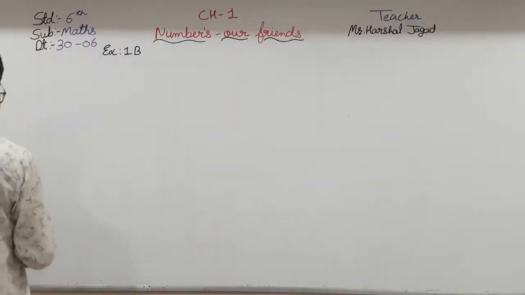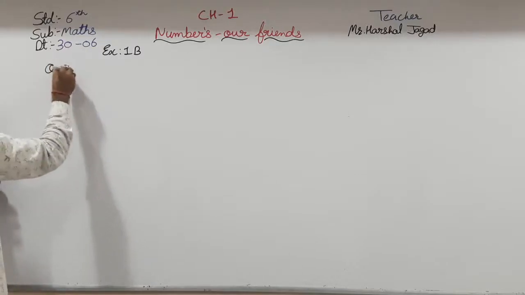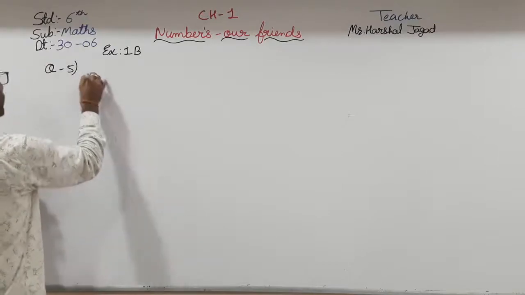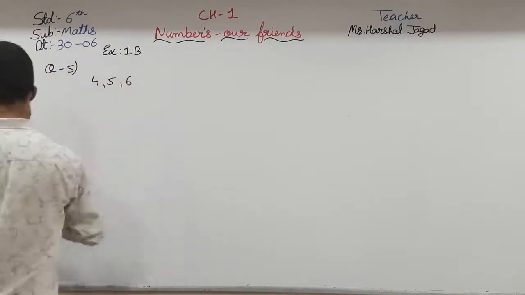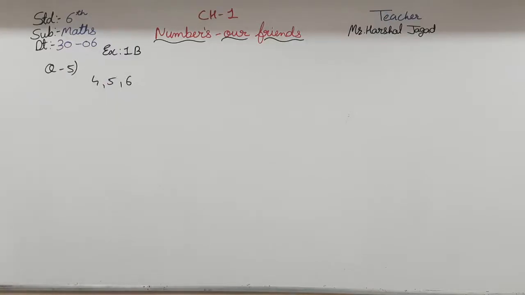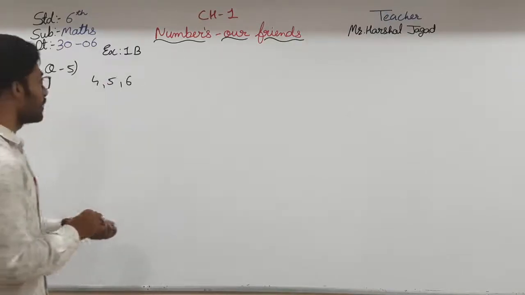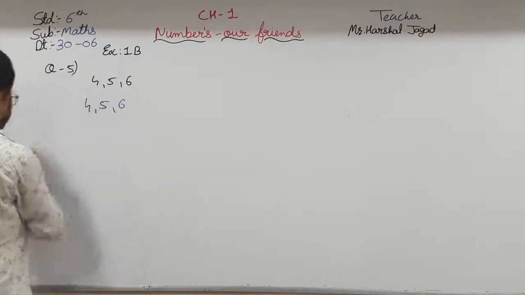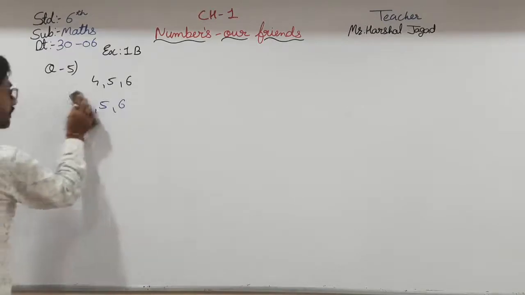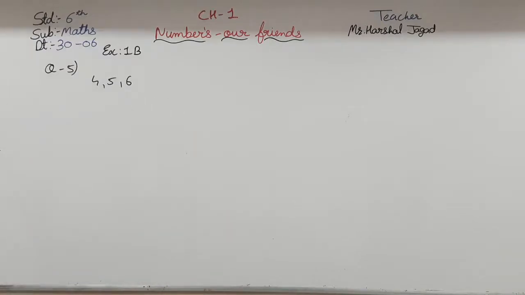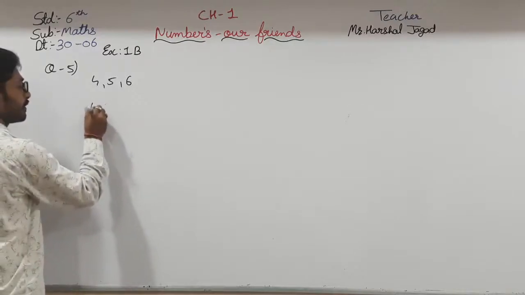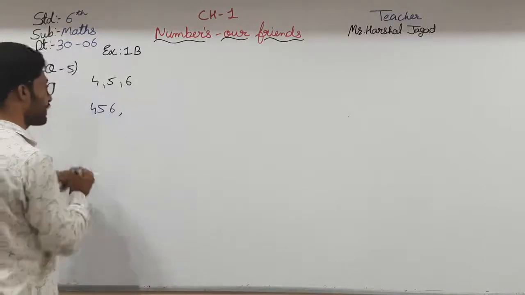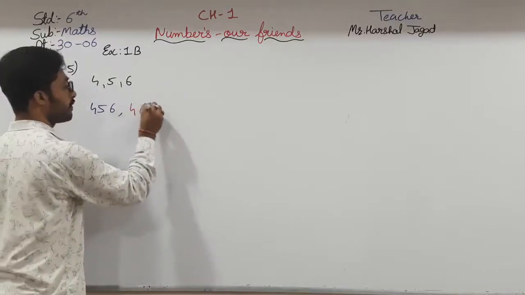So here in question number 5, it is given 3 digits, that is 4, 5 and 6. Let us make different numbers from just these 3 digits. First of all we will take 4, 5, 6. Then another one, 4, 6, 5.